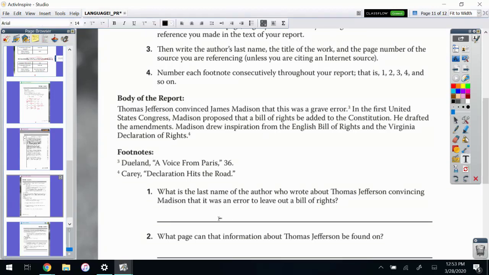Let's type that in there. We know this because the author's last name is the first thing we write in this reference. What page can that information about Thomas Jefferson be found on? Yep, it's right there, page 36.